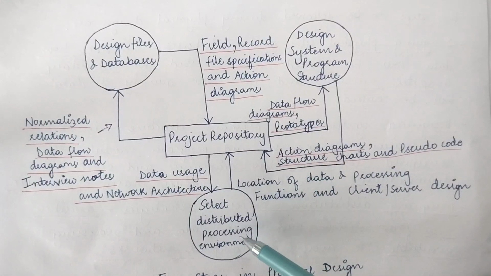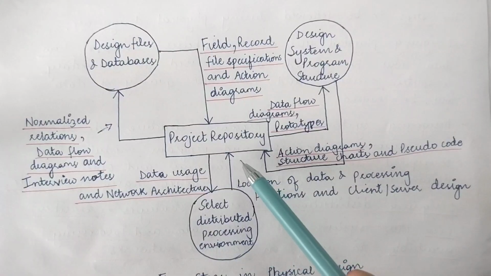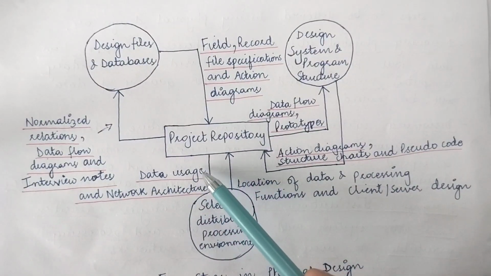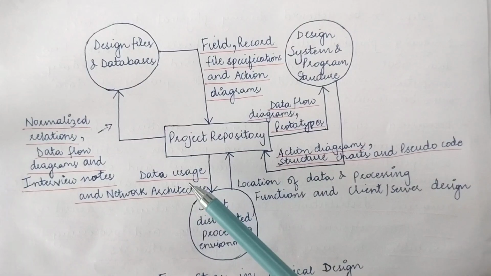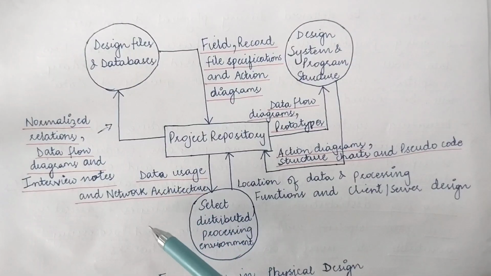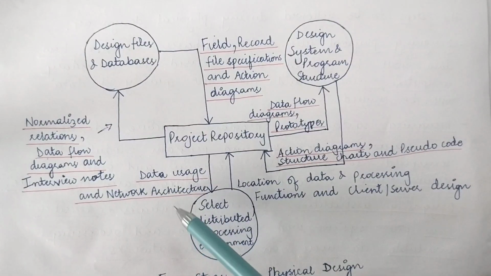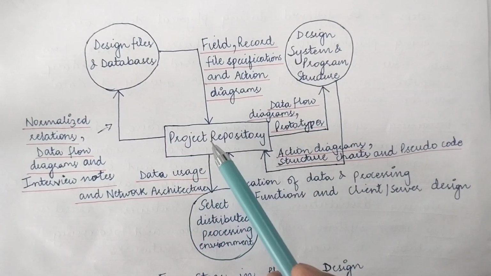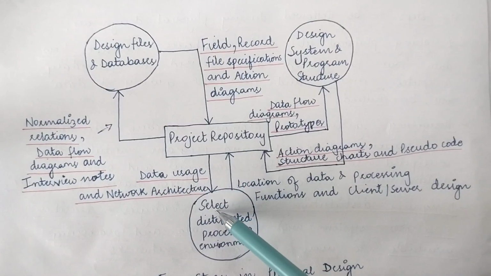Then when we select a specific distributed processing environment, that information is stored in the project repository, and whatever data usage and network architecture there is, like how the data will be used and what the network architecture will be, so that the data can be shared and accessed across various computers on the network for users, this information will be taken from the project repository.